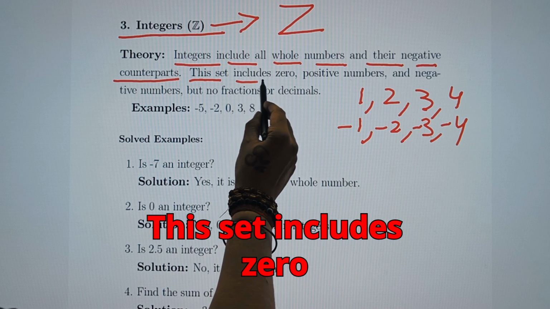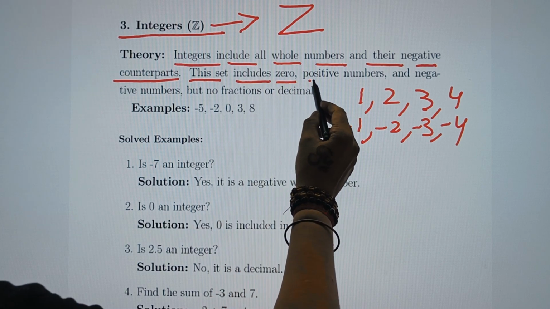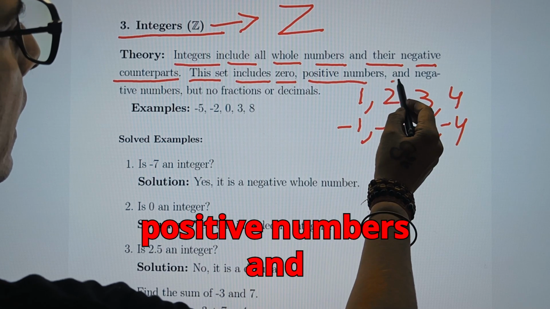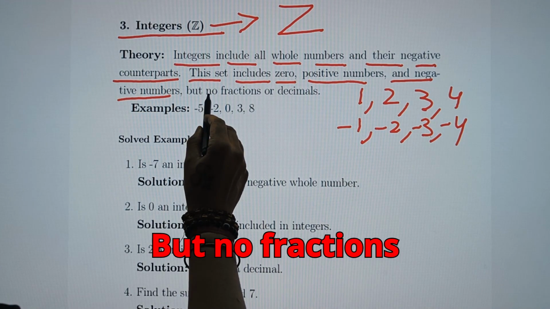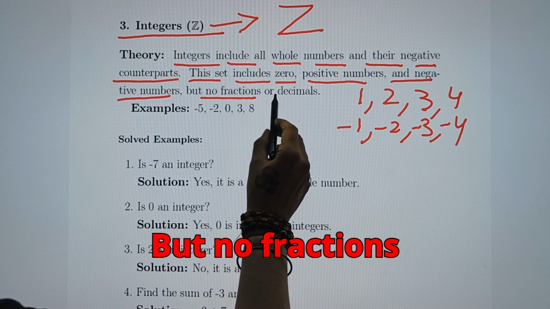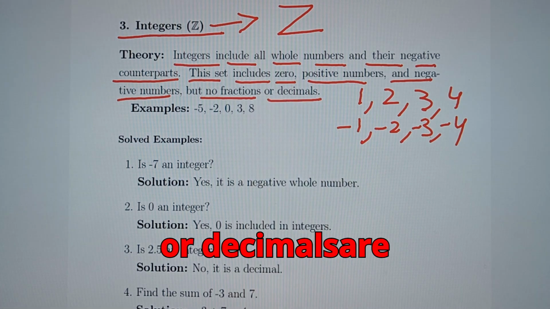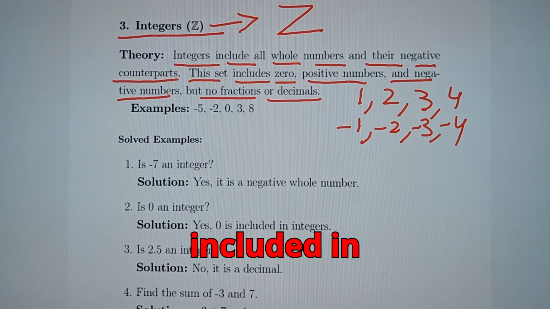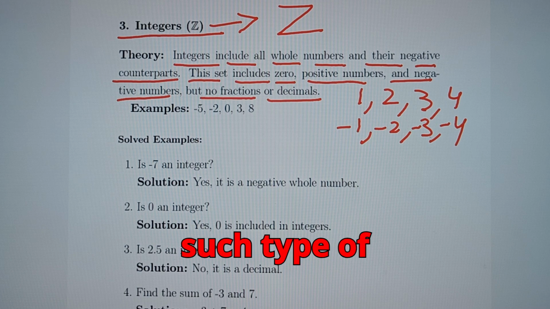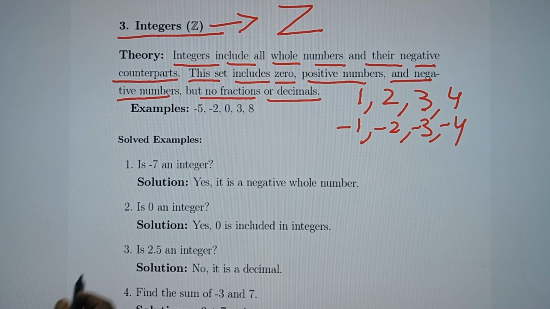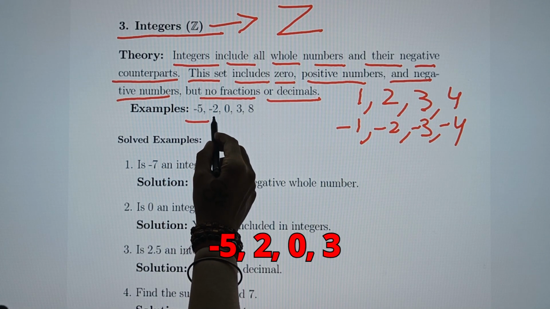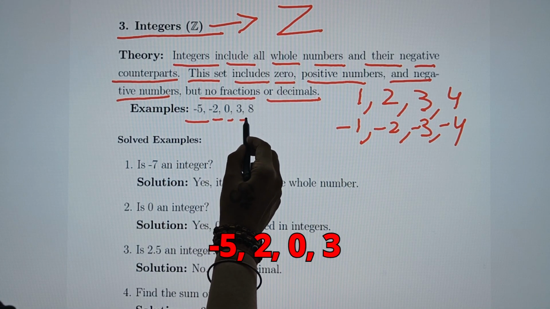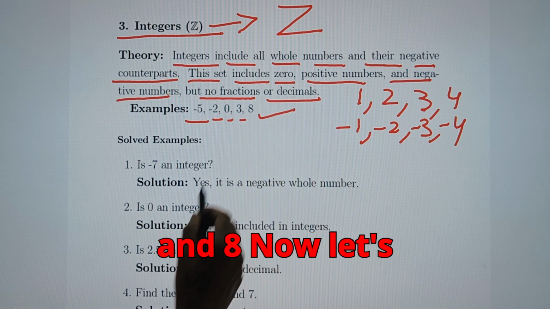This set includes 0, positive numbers and negative numbers, but no fractions or decimals are included in such a type of numbers. Example: -5, -2, 0, 3 and 8.